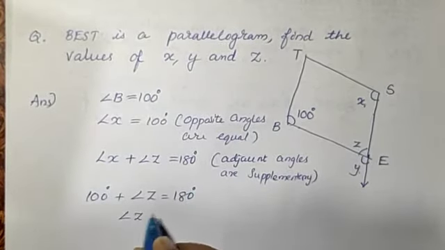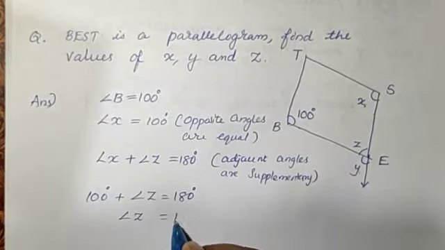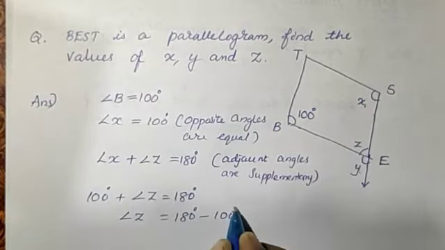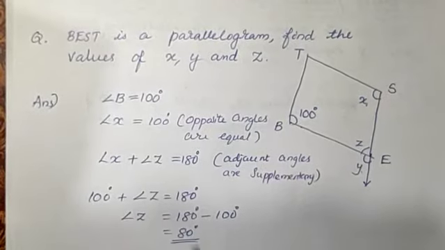From this we can write angle Z is equal to 180 minus 100, which is 80 degrees.